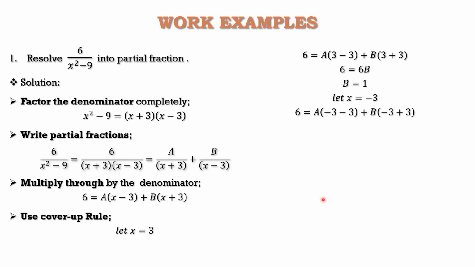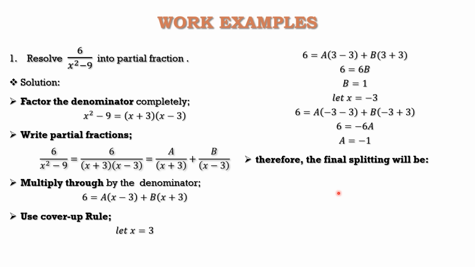Then let x equal to minus 3 to cover up B to get what? A. So in that same order, 6 equal to A times minus 6, 6 equal to minus 6A. Divide both sides by minus 6, then A will be minus 1. As such, our constant A is minus 1 and B is 1.